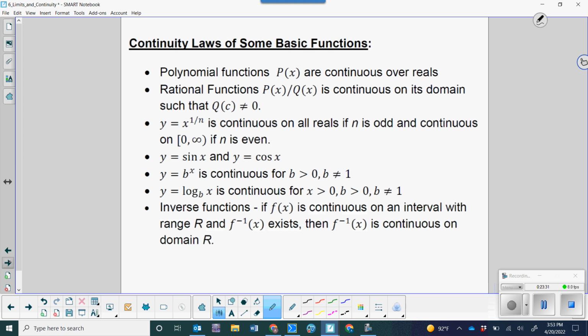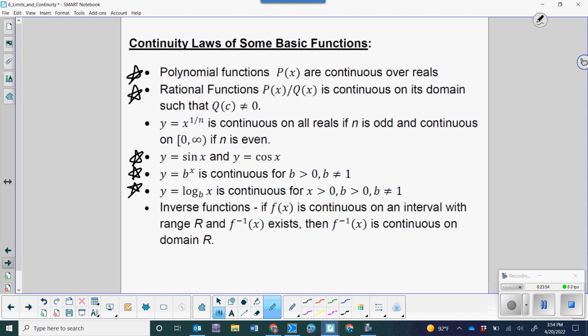Sine and cosine, these are the main ones that I would focus on. You can just straight out say they're continuous. They're always continuous. Exponential functions are continuous as long as you meet the properties of that. Logs are continuous everywhere on their domain, so as long as you're in the domain.